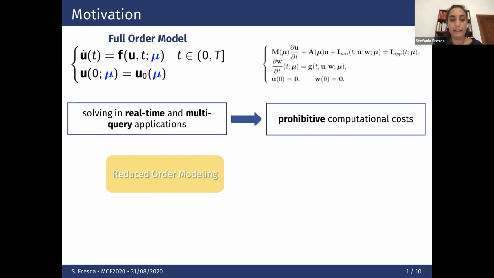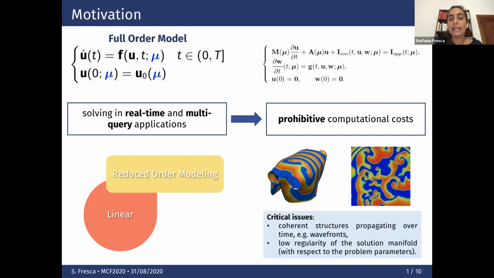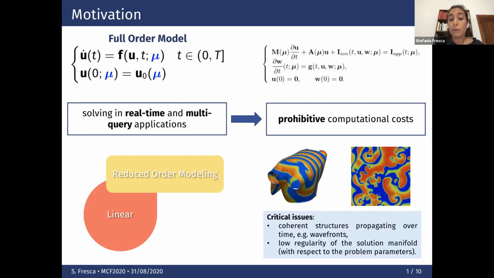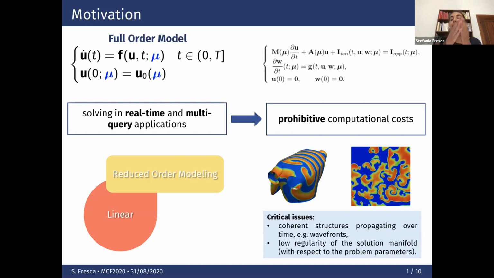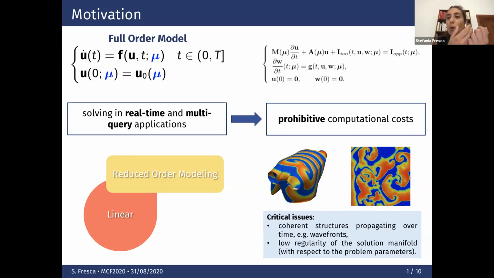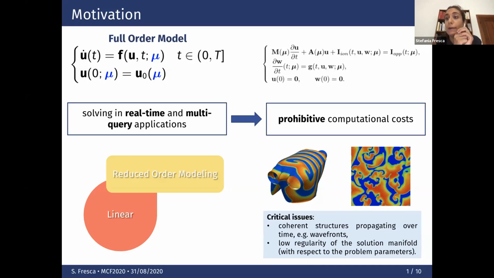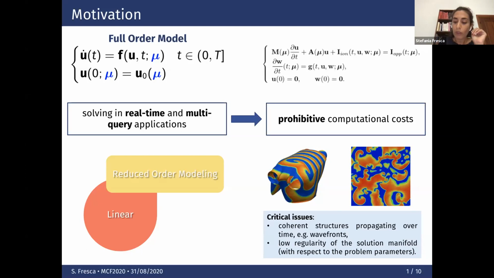much lower complexity. The most used approach to ROM is the linear one, which turns out to be ill-suited to problems featuring traveling wave behavior, or problems characterized by a solution manifold with very low regularity with respect to the parameters of the problem.